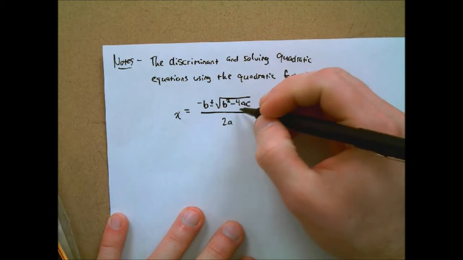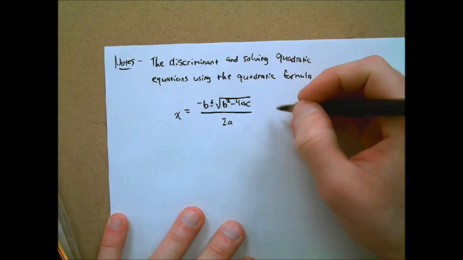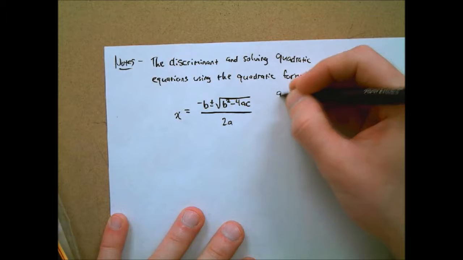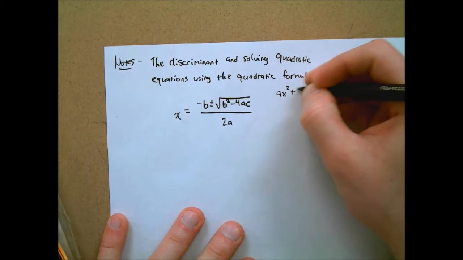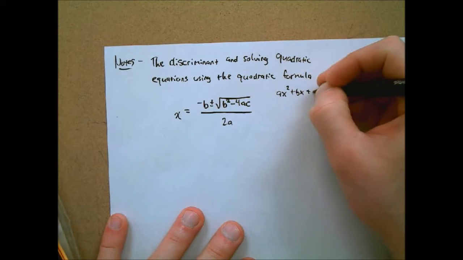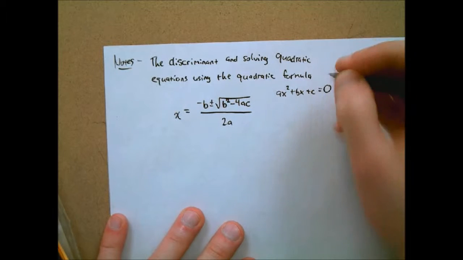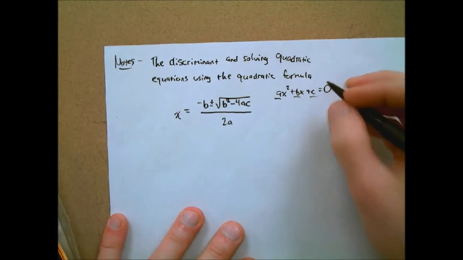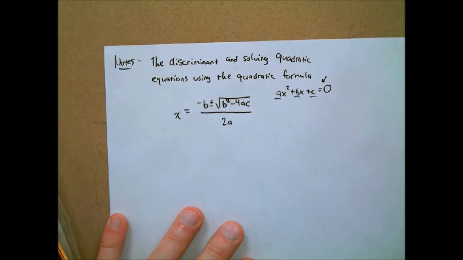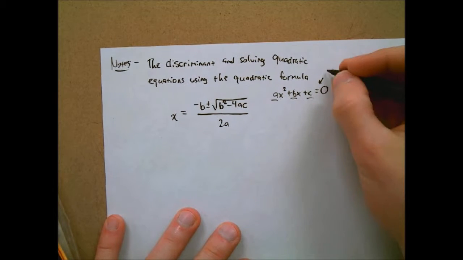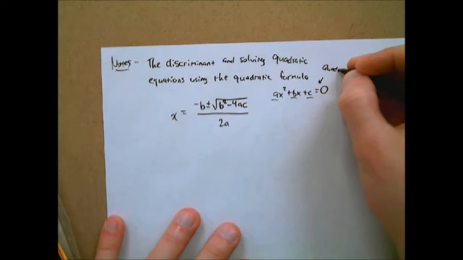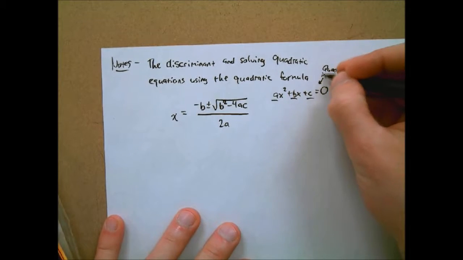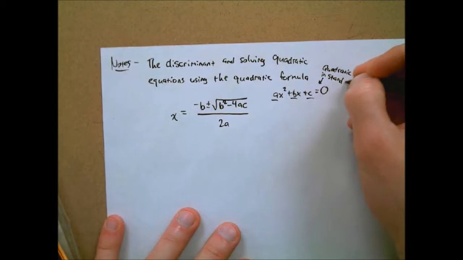Where do these a, b, and c come from? They come from a quadratic equation in standard form.